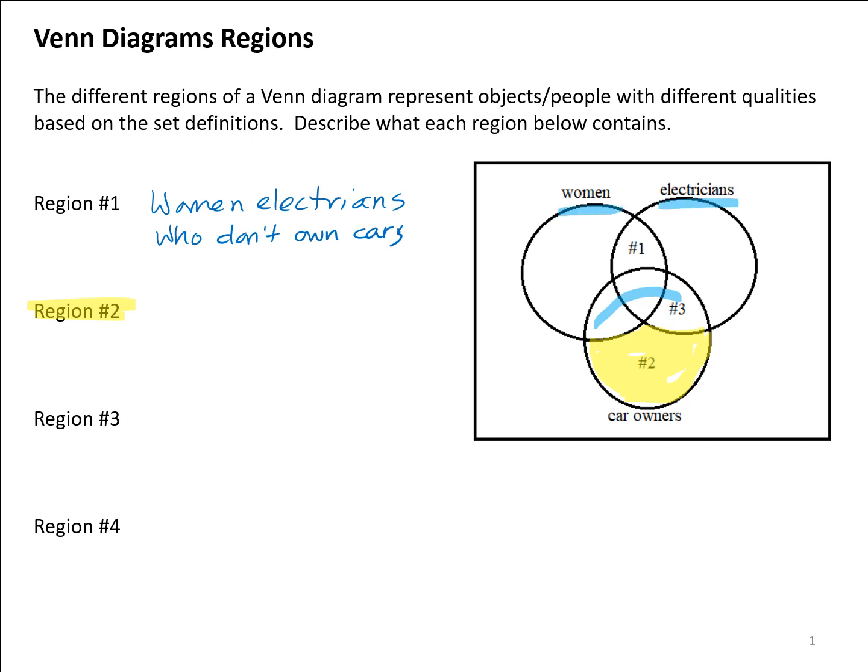So that means because region 2 is not in that overlap, these are people who are not women and not electricians. So we'd want to be very specific when we write out this description to say these are car owners who are not women and they are not electricians.